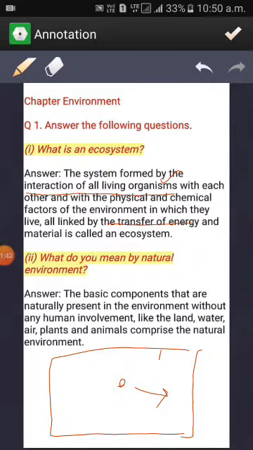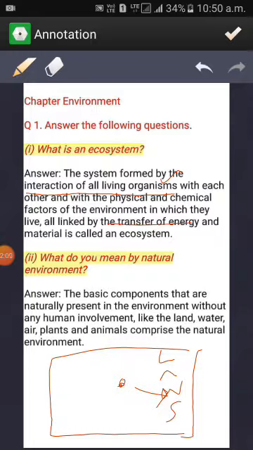That is, it depends upon land, it needs air, it needs water, it needs sunlight. Suppose there is an animal, it needs plants, or a plant needs animals. So we can say that living organisms interact or depend upon each other and upon the physical and chemical factors of the environment.